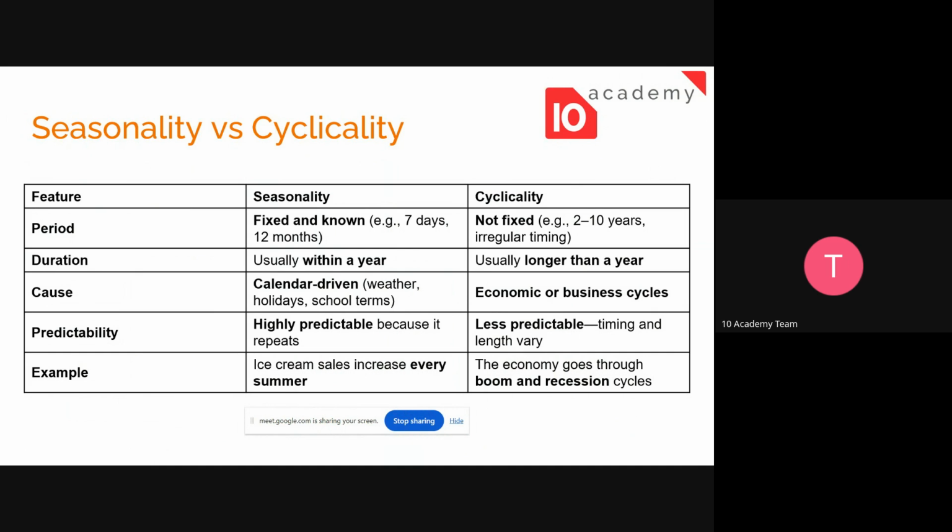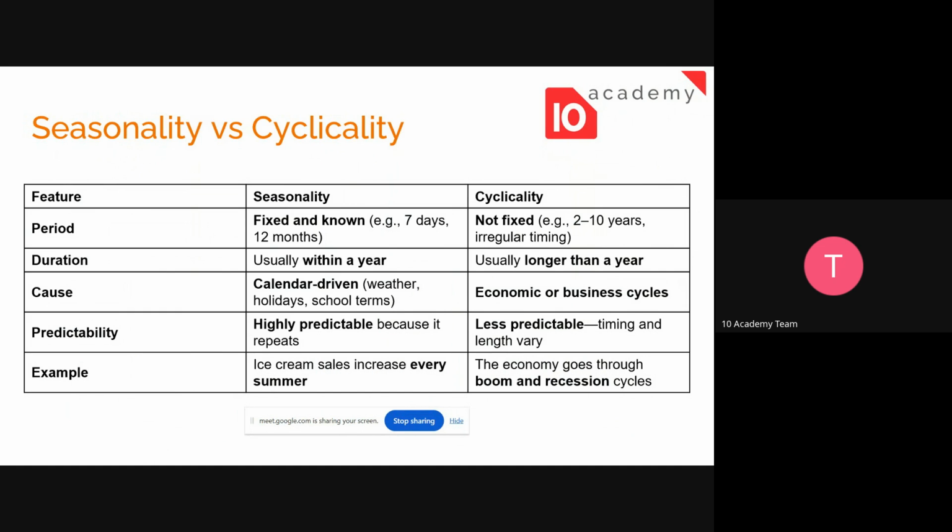The duration for seasonality is usually within a year, while cyclic could be longer than a year. The trigger for seasonality is calendar driven, for example weather, holidays, school terms. For cyclic, like I mentioned, it could be economic or business cycles.